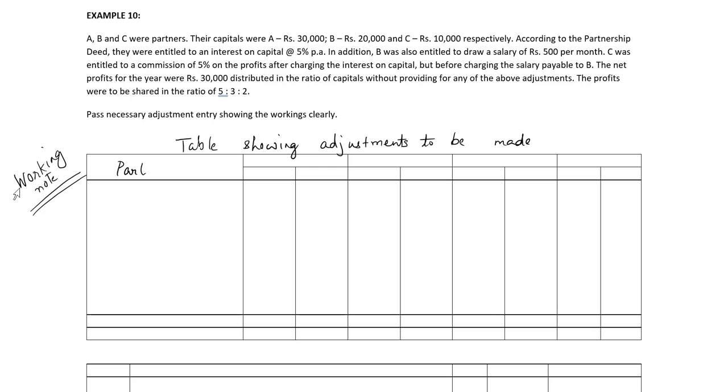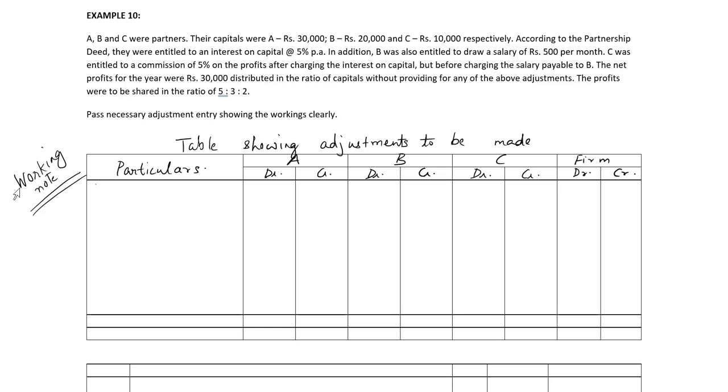Particulars. Partner A divided into debit and credit. Partner B again divided into debit and credit. Partner C divided into debit and credit. And the last column for the firm divided into debit and credit.